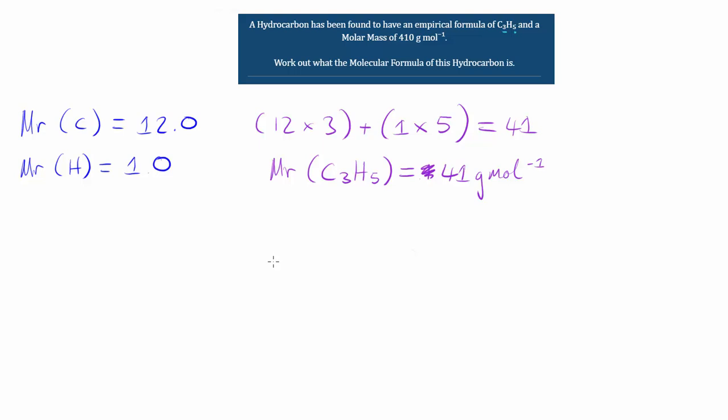So the multiplier. This is effectively what's the difference? What do we need to do to the empirical formula to get to the molecular formula? It's going to be equal to the molar mass of the molecular formula divided by the molar mass of the empirical formula.